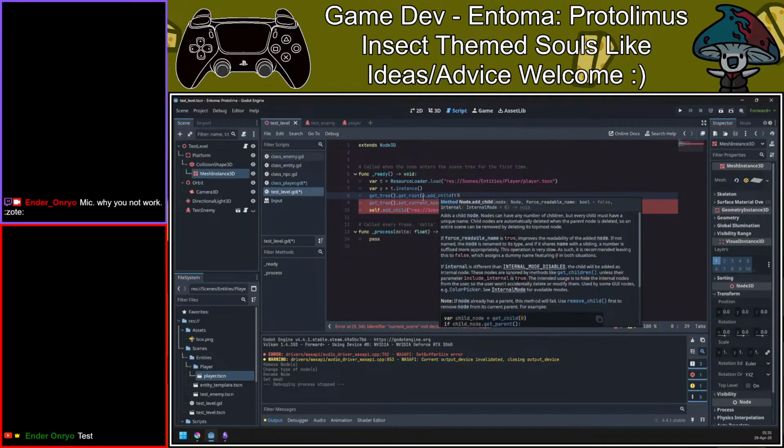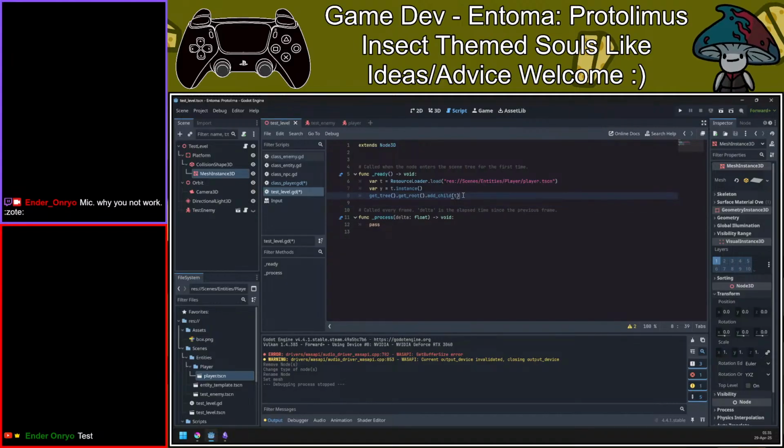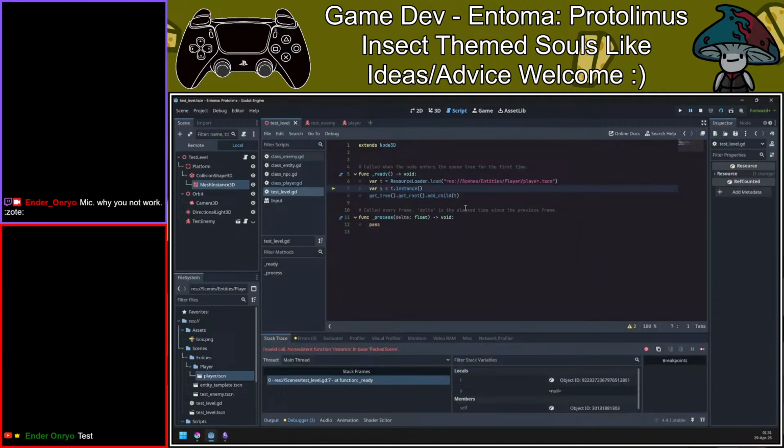Although I don't know if I want to add the child to the root, because the root is technically above test level. Get tree, set current scene. Okay, nope. Non-existent function instance.